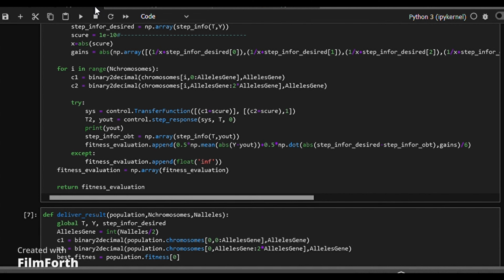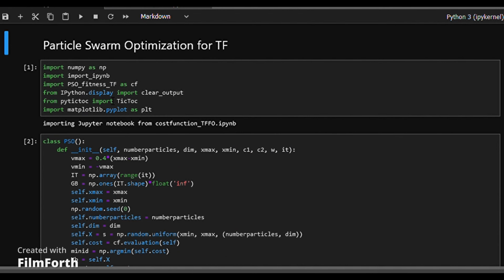Well, in this part we have the particle swarm optimization for a transfer function. In this case, this part is PSO. In theory, it has the same structure as the genetic algorithm.